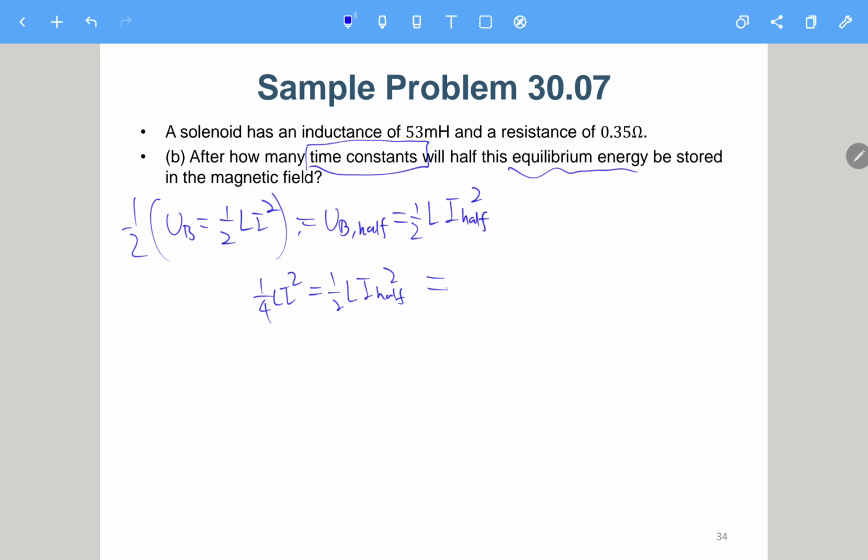After cancelling everything, I half should be 1 over square root of 2 times I.